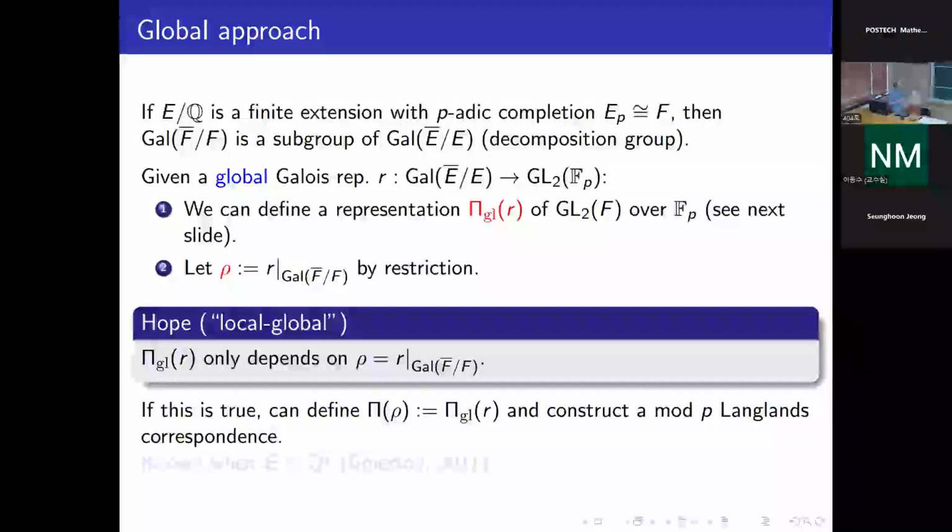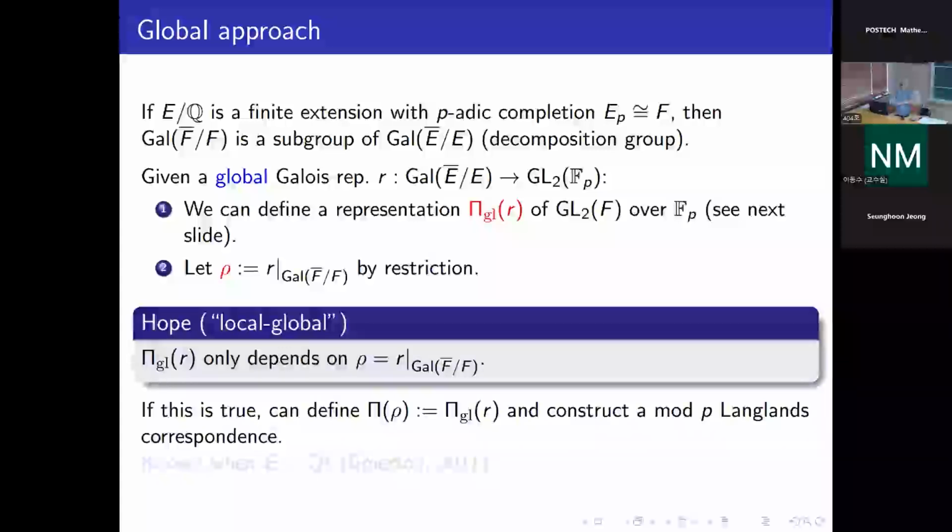And the hope is that even though we start with something global, it actually is of a local nature, so that it only depends on the restriction of the Galois representation to the Galois group of F, in a similar way to this restriction picture many slides ago for the Galois group of Q and the Galois group of Qp.